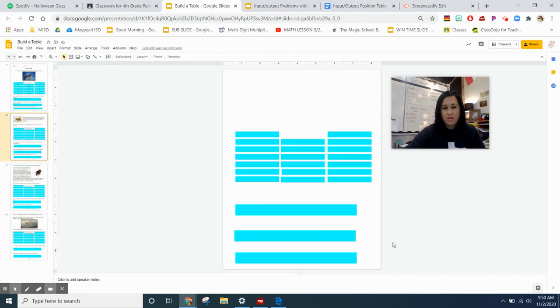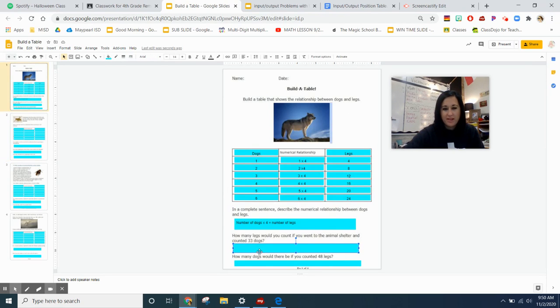Okay? Then, how many legs would you count if the animal shelter counted 33 dogs? So it'd be like filling in 33 here, doing this numerical expression and getting legs. So you would do 33 times 4. I hope y'all are going to do this on your own, on your paper. So 33 times 4, that's how you would come up with that answer.